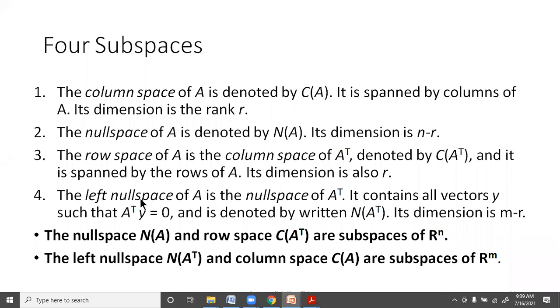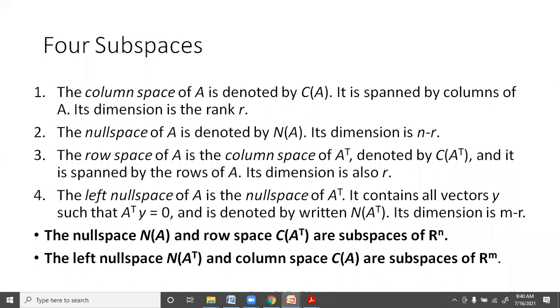So if you know how to find the column space and null space, it is sufficient, because using those methods we can find the column space of A, the null space of A, the row space of A, as well as the left null space of A, because the row space of A is just the column space of A transpose, and the left null space of A is the null space of A transpose.